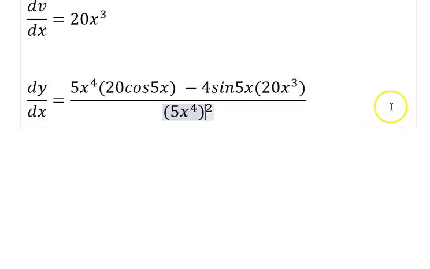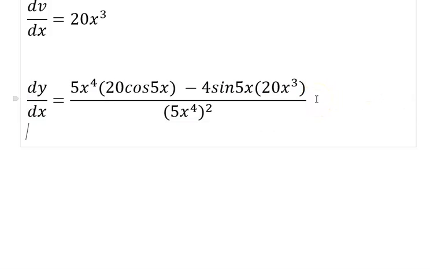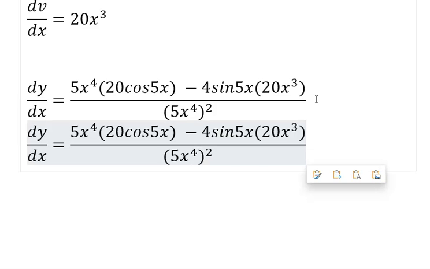Beautiful. So with this, let's quickly see what we can do. Let's first of all work with what we have as the denominator so that we won't get confused. This is 5x raised to power 4, all raised to power 2. The square here is meant for everything inside: the 5 and the x raised to power 4.